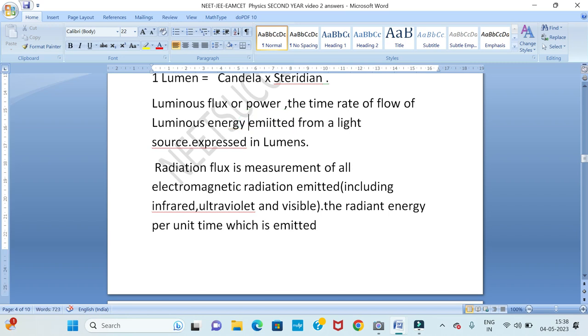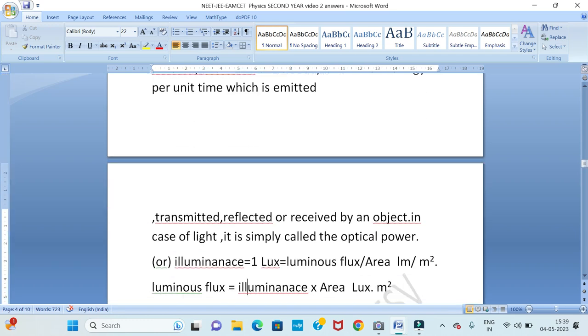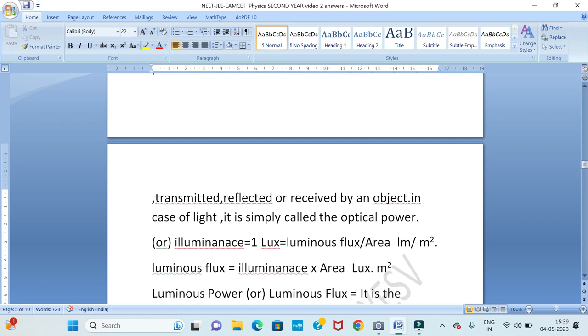Radiation flux is the measurement of all electromagnetic radiation emitted, including infrared, ultraviolet and visible, the radiant energy per unit time which is emitted, transmitted, reflected or received by an object.